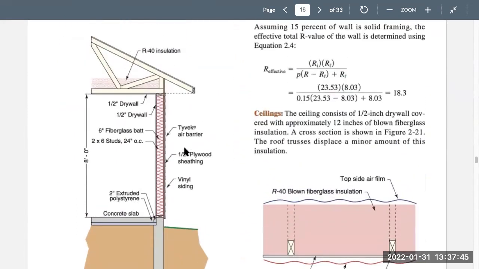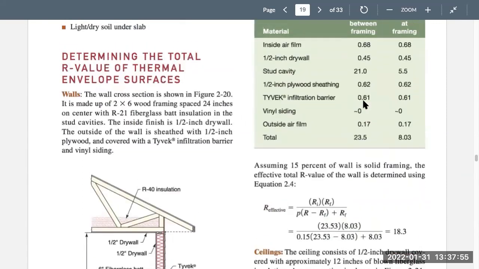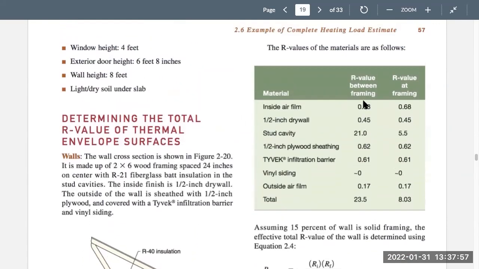But when we're looking at the wall, we've got to determine that we have an exposed ceiling, and then we've got to determine the R value of the wall. How did we come up with all those numbers that were already calculated for you? Simply, what we did is we had to go with the air inside film.